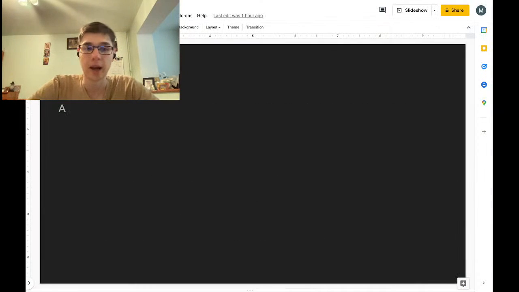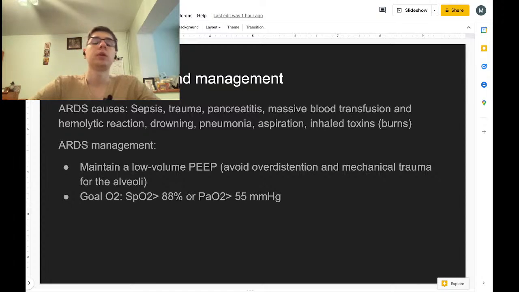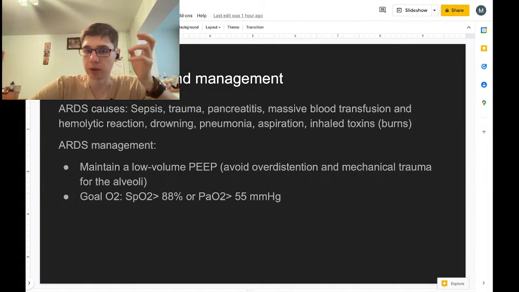The answer indeed is A. Now, this patient had ARDS. What are the main causes of ARDS? They are sepsis, trauma, pancreatitis, massive blood transfusions, pneumonia, aspiration, inhaled toxins, especially in burns, and drowning.